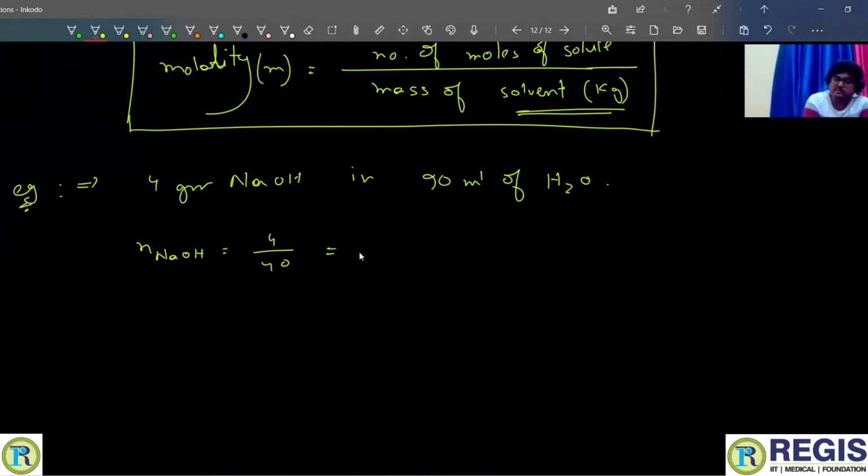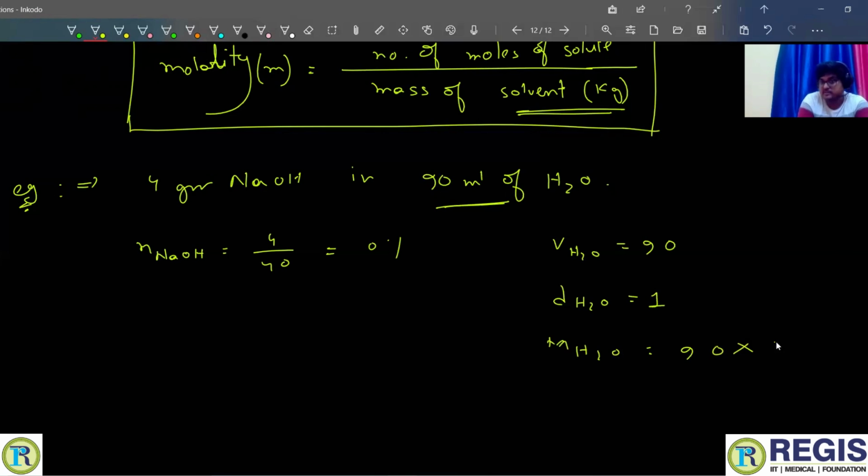Given mass is 4 gram. Molar mass of NaOH is 40. That means 0.1. And this one is given volume of water, which is 90 ml. Now density of water is taken as 1. Now what is the mass of water? Mass of water is volume of water into density of water, that means 90 gram.